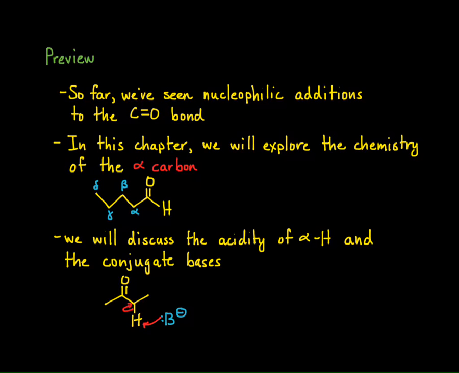So what's happening is the ketone or aldehyde gets deprotonated in basic conditions. We'll talk about the types of bases that we can use in just a little bit. But it establishes an equilibrium with the conjugate base. And this is the structure of that conjugate base, where it has a negative charge now on that alpha carbon. And we call these enolates, right? Enolates. So what we're going to see is that enolates behave as nucleophiles.